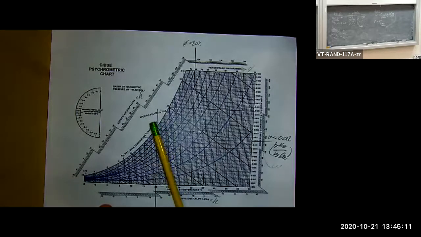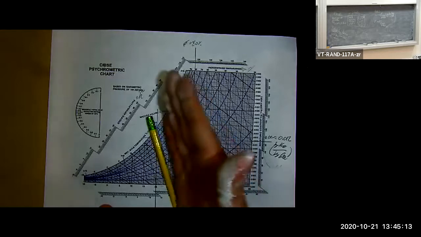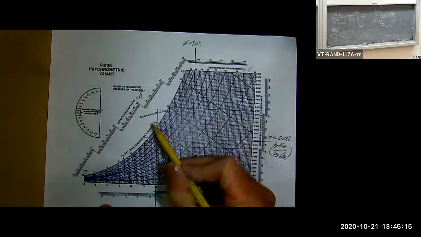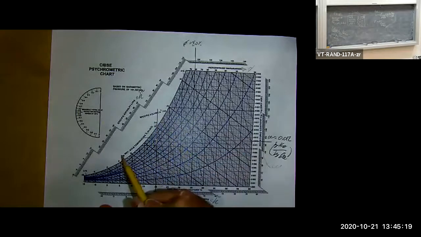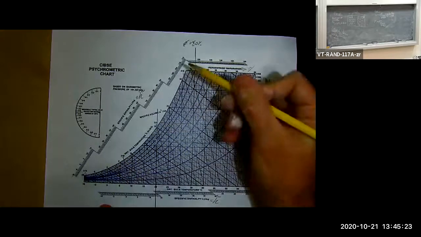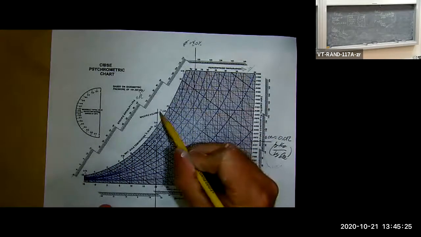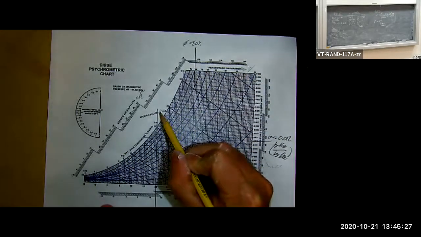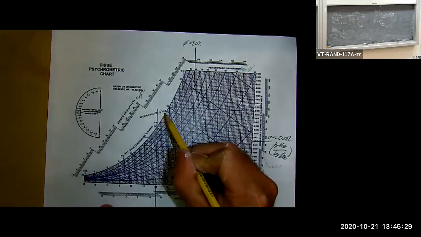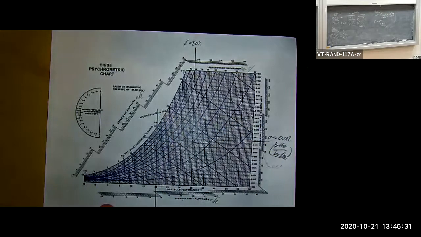Here's 0.85. You can't read it because I've drawn a line through it, but it says 0.85. Here's another one, 0.8, 0.75, and 0.9. That has units of cubic meters of the mixture per kilogram of dry air. So make sure you put a dry air there.